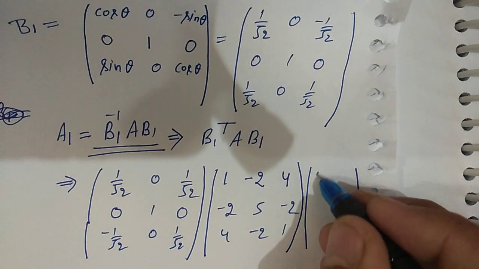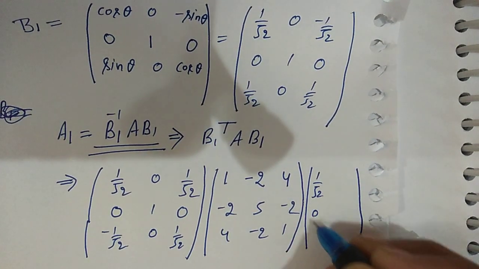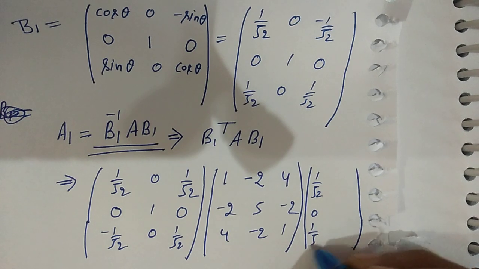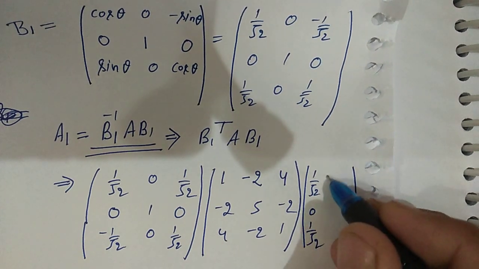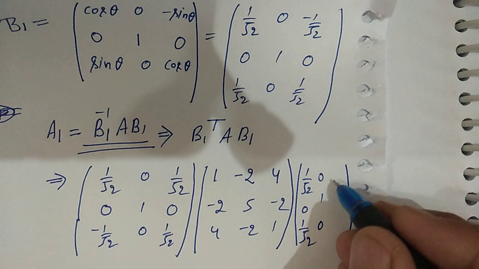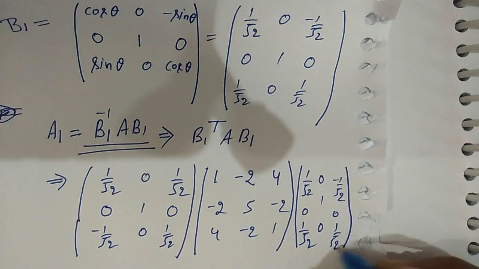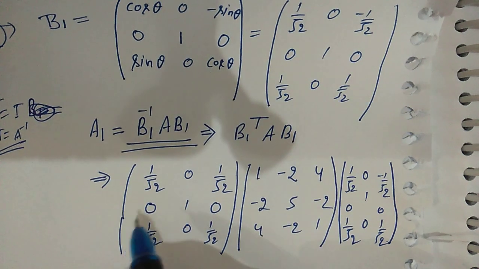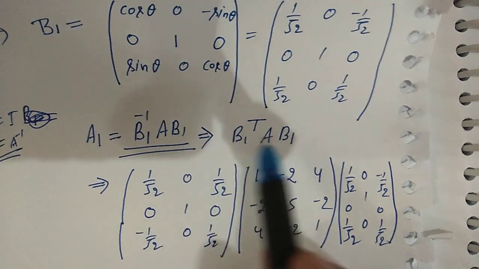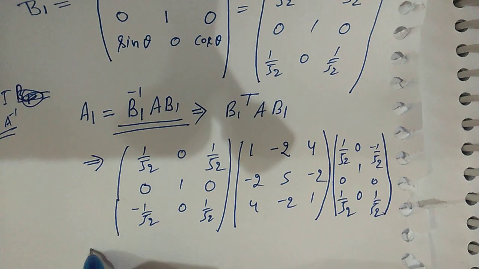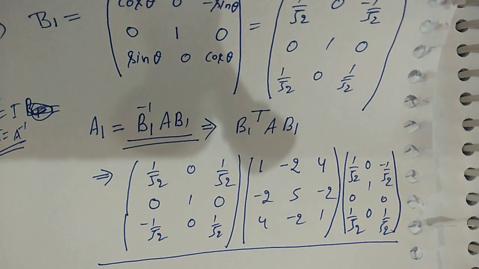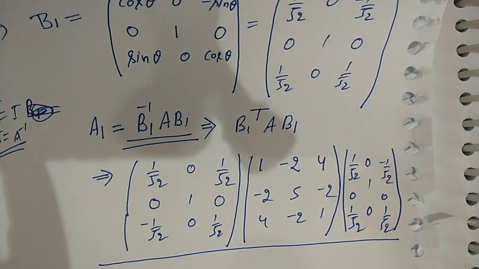The first row is 1 upon root 2, 0, 1 upon root 2, 0 1 0, and minus 1 upon root 2, 0, 1 upon root 2. So this is B1 transpose A B1. Let us simplify this and get the answer.